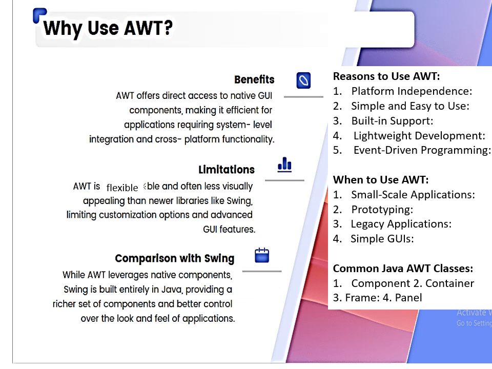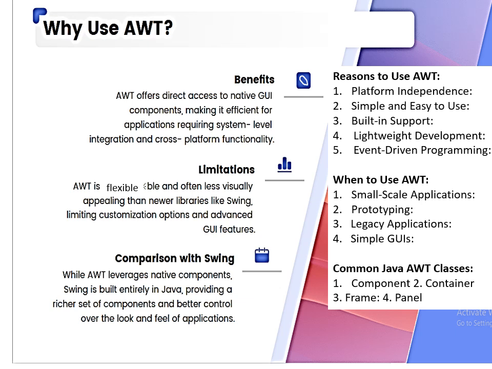AWT offers direct access to native GUI components, making it efficient for applications requiring system level integration and cross-platform functionalities. The main reasons are: platform independent, simple and easy to use, built-in support available, and lightweight development. It also supports event-driven programming.